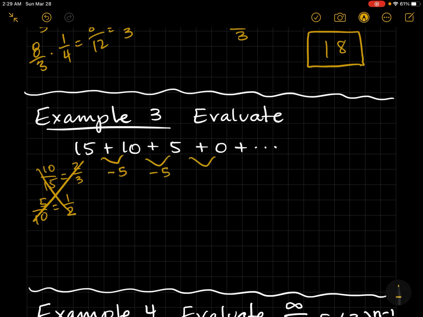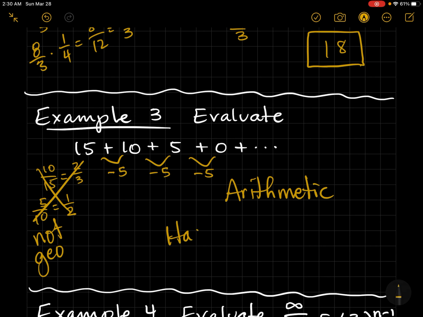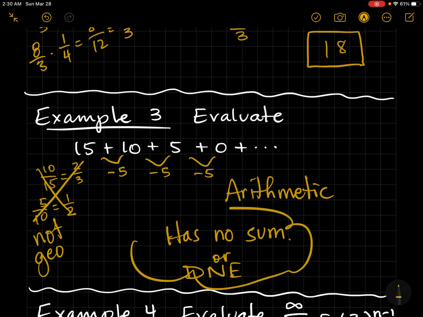We're going down by 5. This is arithmetic in nature. And we didn't even have to know it's arithmetic. By it not being geometric, automatically we could say it has no sum. That would be one way you could answer. Or you could say the sum does not exist. Either way would be an appropriate answer.